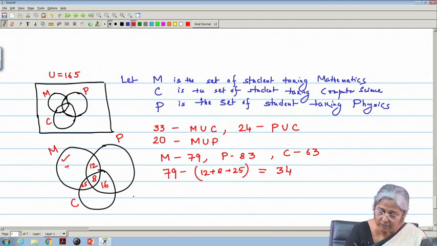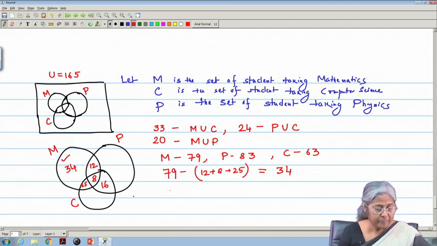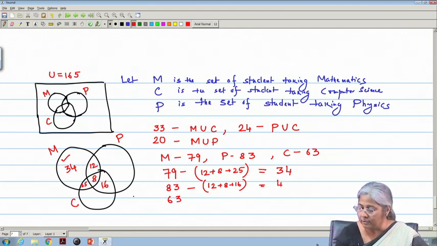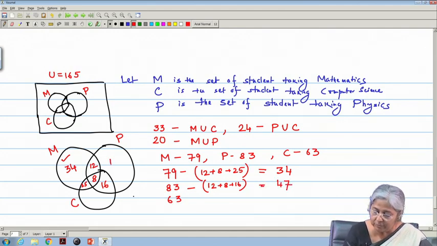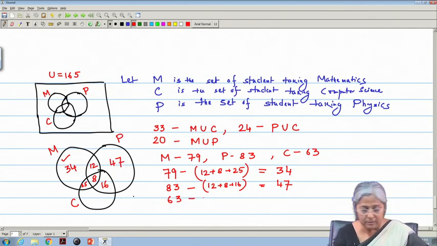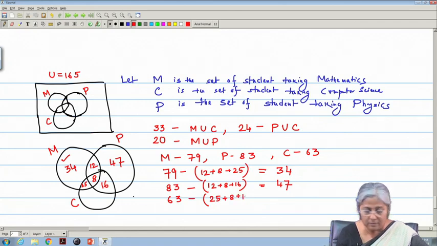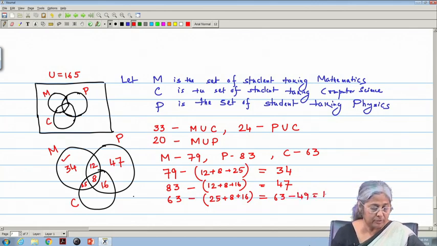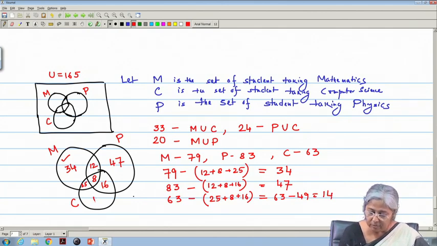So, I can write here it is 34. Similarly, for only physics students, 83 minus 12 plus 8 plus 16 is 47 students. So, only physics students are 47, and for computer science, 25 plus 8 plus 16 is 49, so 63 minus 49 is 14 students taking only computer science.